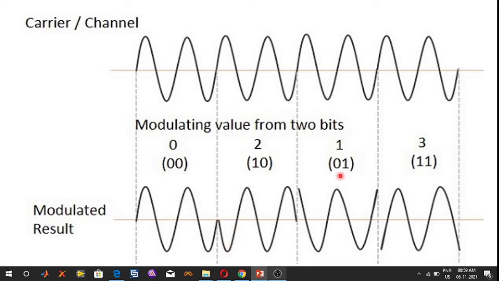And 0 1, its carrier phase shift is 90 degrees, starting from 90 degree phase shift. And 1 1, its carrier phase shift is 270 degrees and it starts from 270 degree phase shift. And this is the resultant quadrature phase shift keying modulated signal.